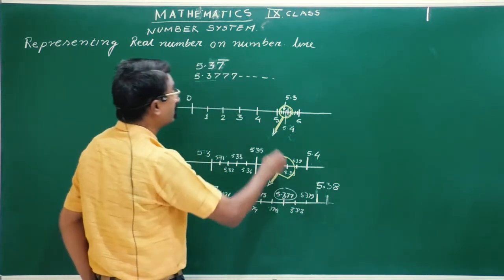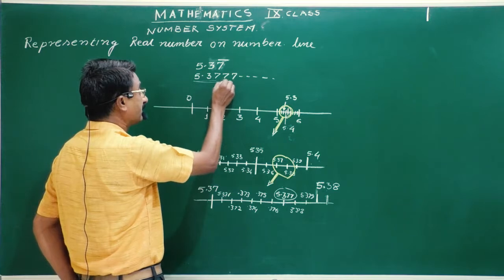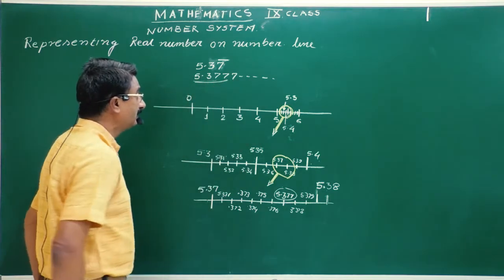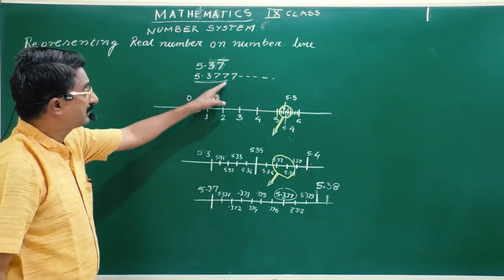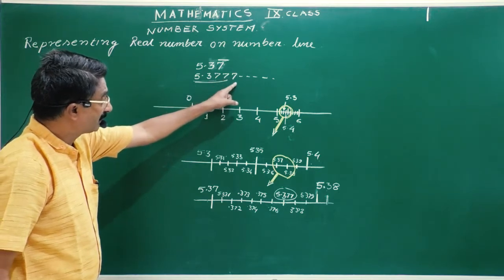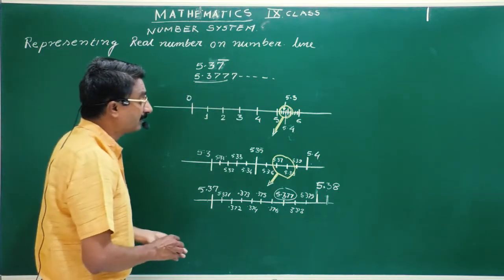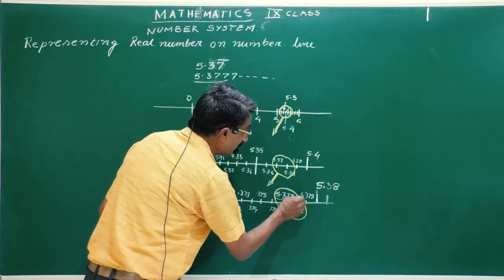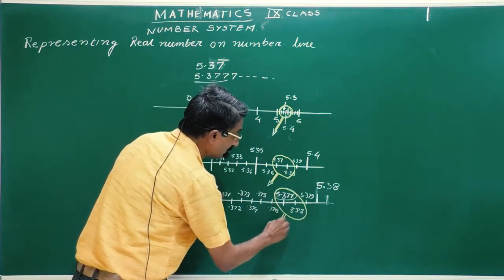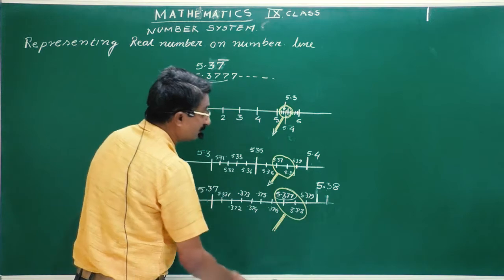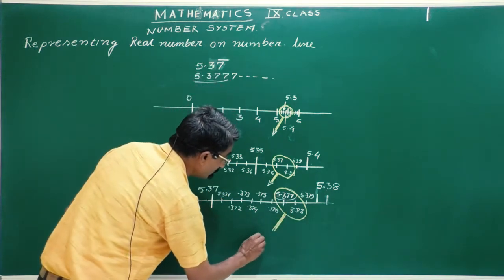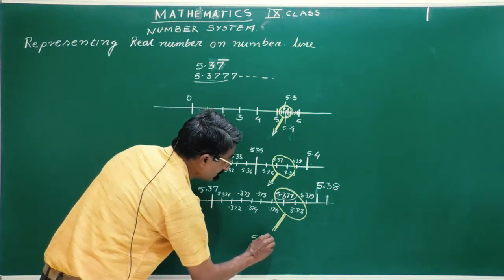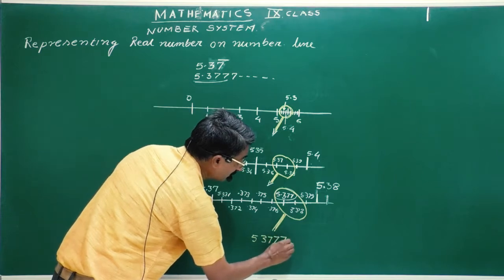So now 5.377. We reached up to this accuracy. If we need the accuracy level more precise, we can go further and magnify 5.377 and 5.378, and after magnification you will get again the value 5.3777.